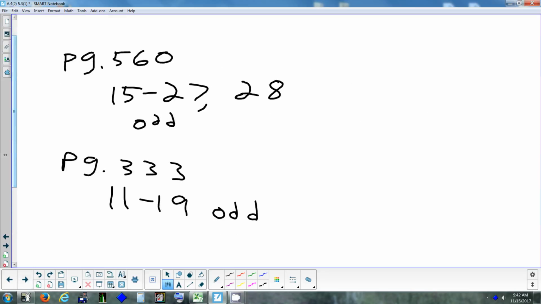Okay, so the homework tonight, 15 to 27, odd, and 28. That's on the complex numbers, multiply and divide. And then page 333, 11 to 19 odd, that's on what we just did.